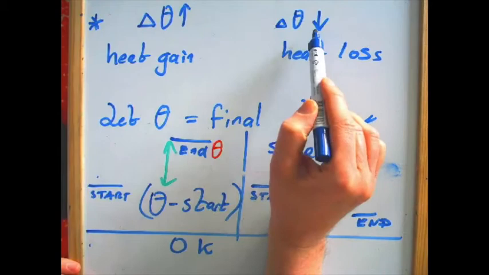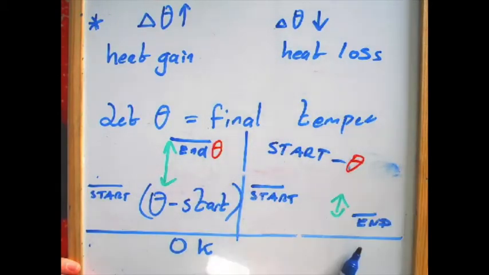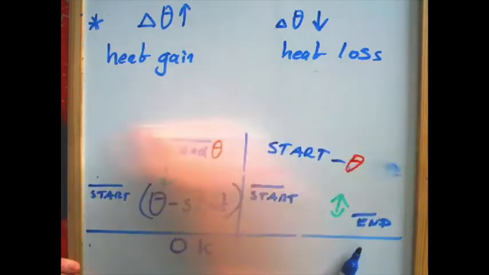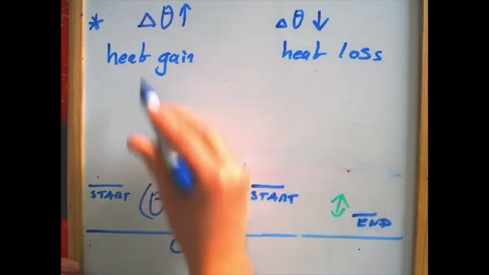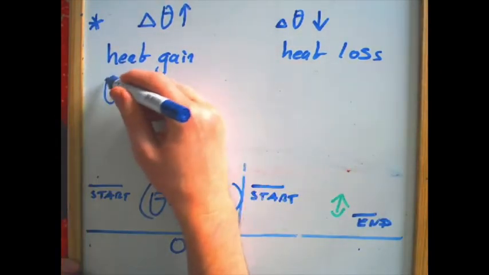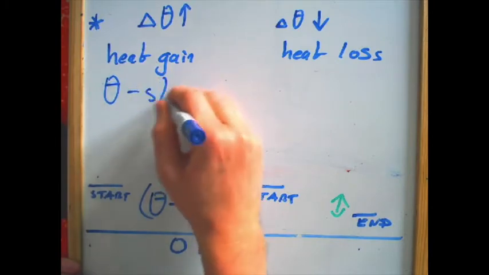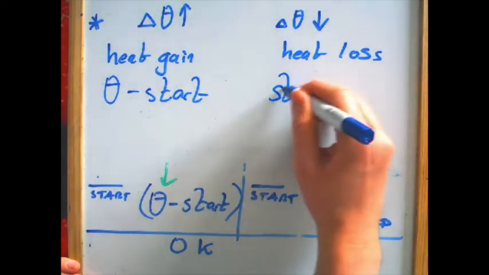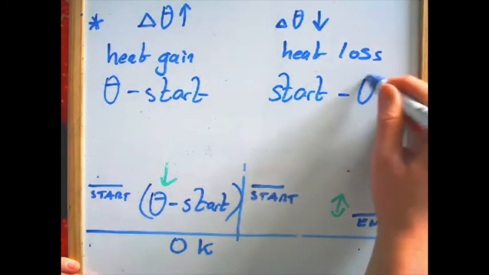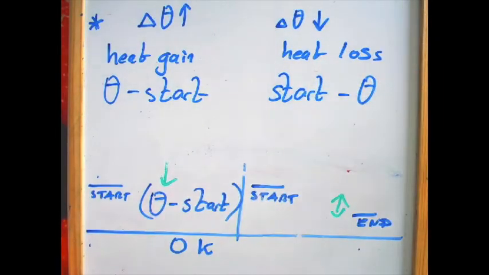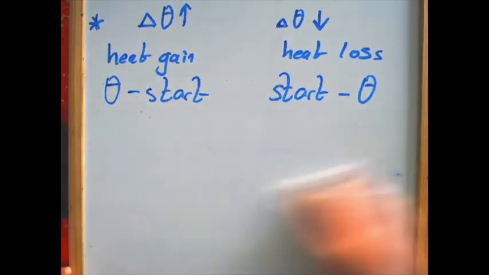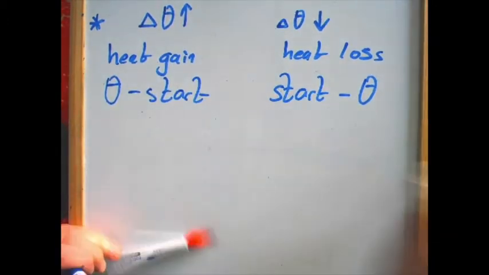A little arrow indicates that it's increased, and here it indicates that it's decreased. Just to bring everything back together, the important bit is for heat gain, it's going to be your final minus your start. And for heat loss, it's going to be your starting temperature minus whatever the final temperature is. So that's the take home from that.